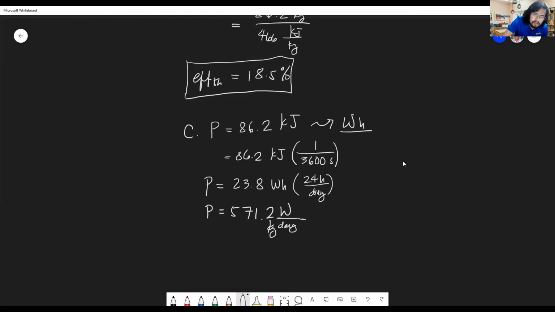So for every kilogram of natural gas we'll be able to produce this. If the input is 1 kilogram, then it's going to be this amount.